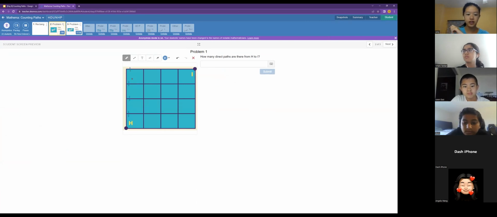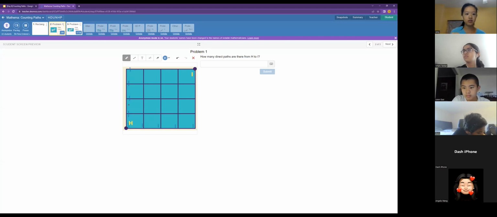So for example, there's only one way to get to vertex H, because if you want only direct paths, there's only one path to vertex H because you're already there, which is why you put a number 1 next to it. And then if you look at the vertex directly above vertex H, there's only one path to get to it, because the only way to get to it is to move straight up one square.